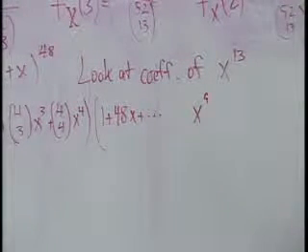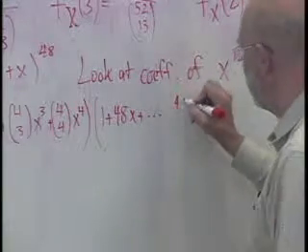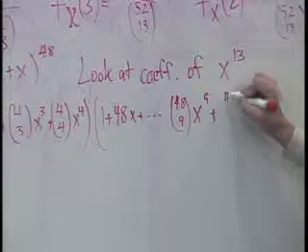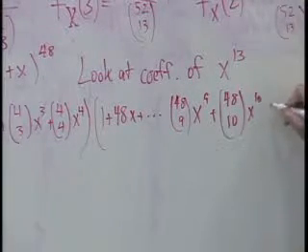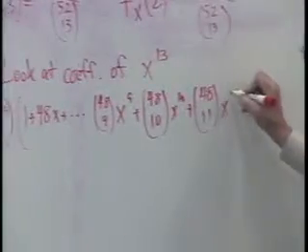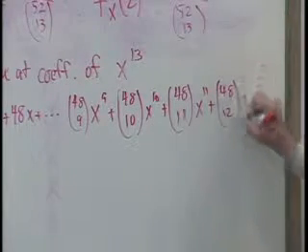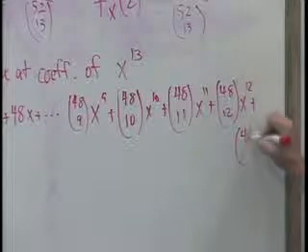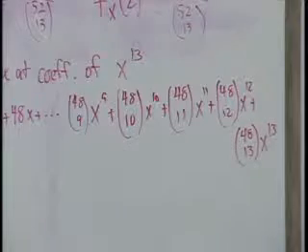And sooner or later, we will roll around to a term with x to the 9th in it. What's the coefficient of x to the 9th? 48 choose 9. And the next term will be 48 choose 10, x to the 10th, plus 48 choose 11, x to the 11th, plus 48 choose 12, x to the 12th, plus 48 choose 13, x to the 13th.